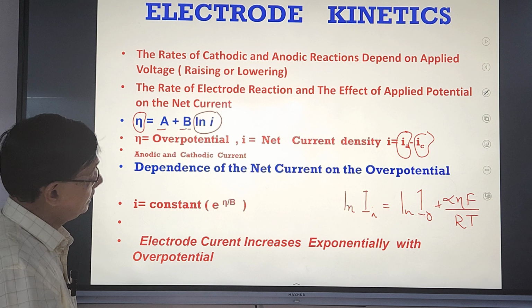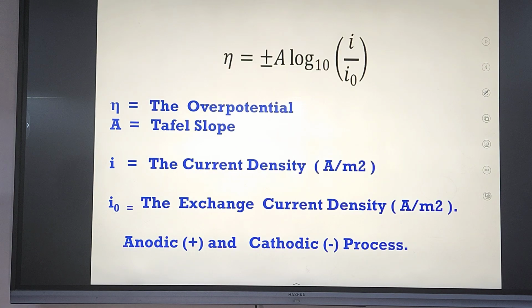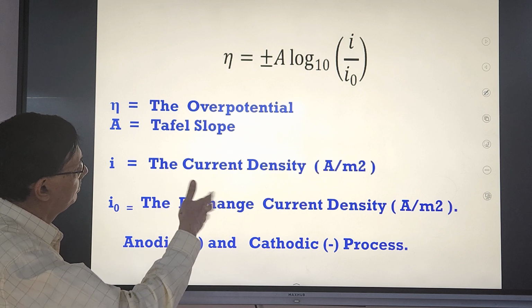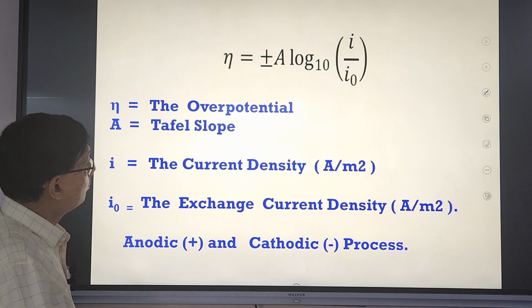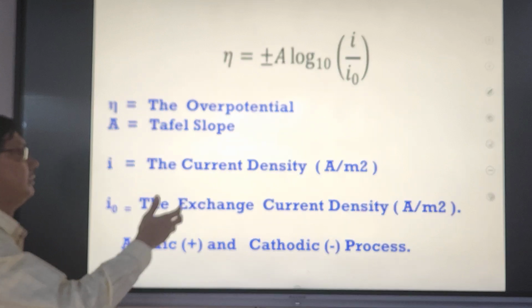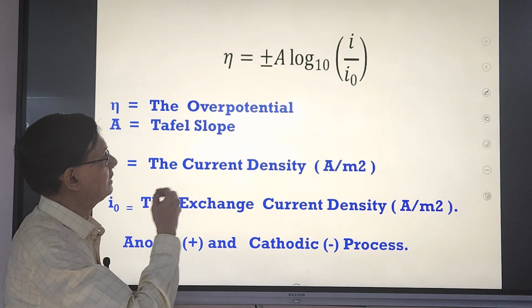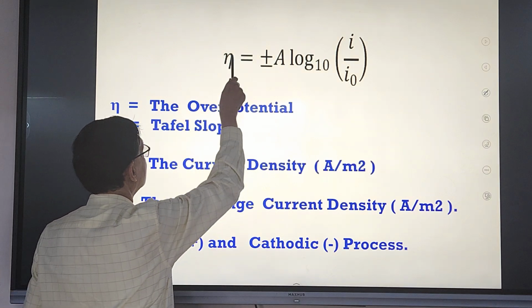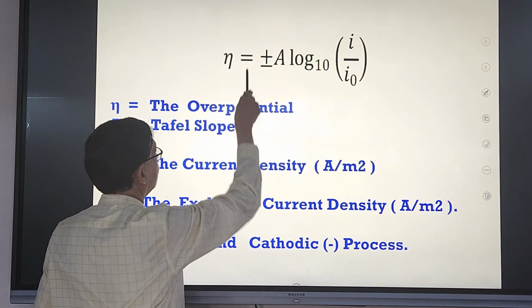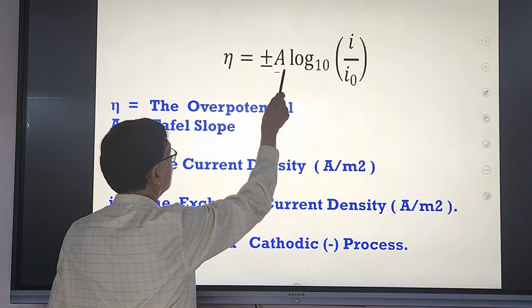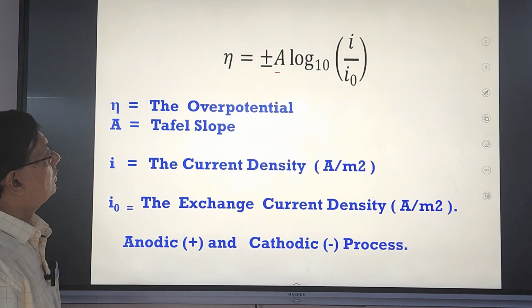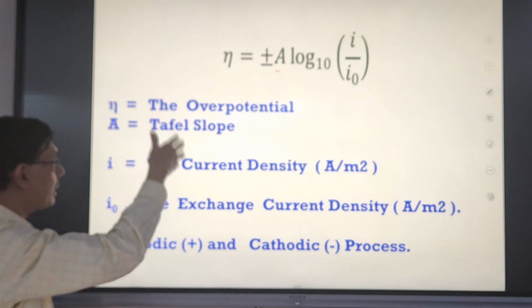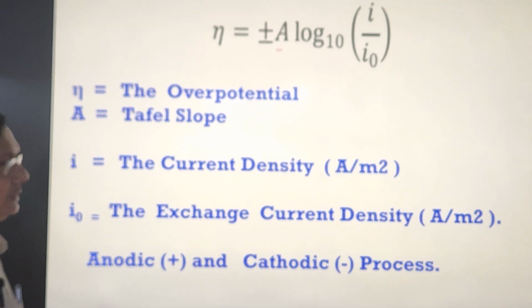Now if we are talking about the overpotential, you see there are different formulations of the Tafel equation. If you see a large number of research papers or books, the ultimate thing is the same, the relationship between these. Again we can write it like that, with a constant, or we can call it a slope. In some books you will find that eta is equal to A plus B log I. So what is A and what is B?